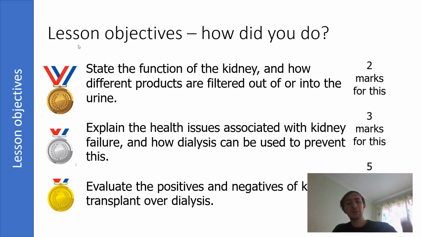Now, number one, I expect you to definitely be able to do. That's from last lesson. Explaining the health issues associated with kidney failure, that's really from last lesson as well. Talking about urea and the harm it can do to you. Evaluate the positives and negatives of kidney transplant over dialysis. We're just about to do a kind of summary question on that, but broadly, that's just knowing what's good and what's bad about each one.